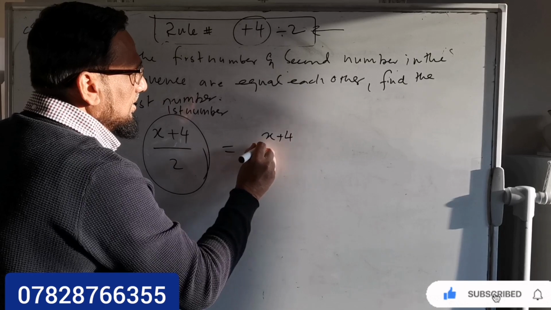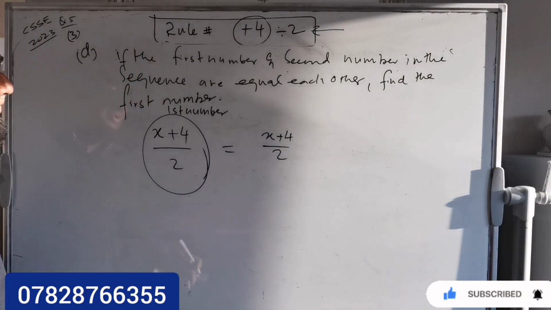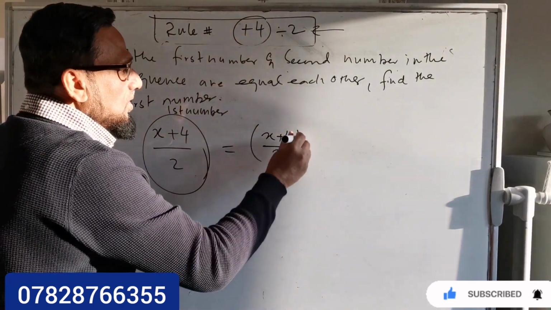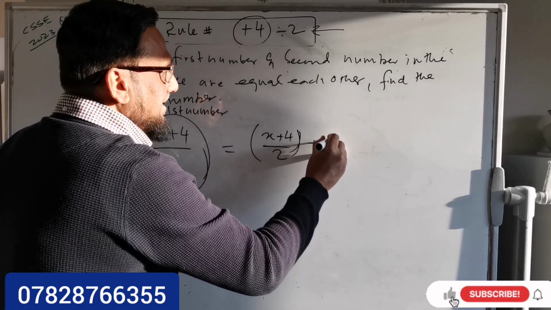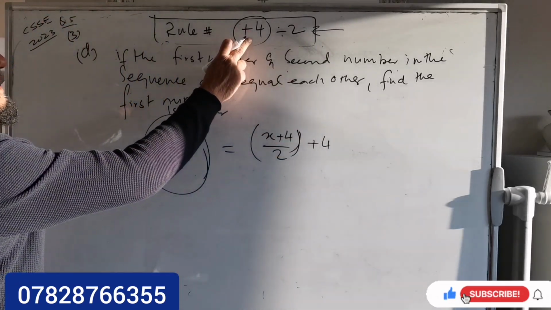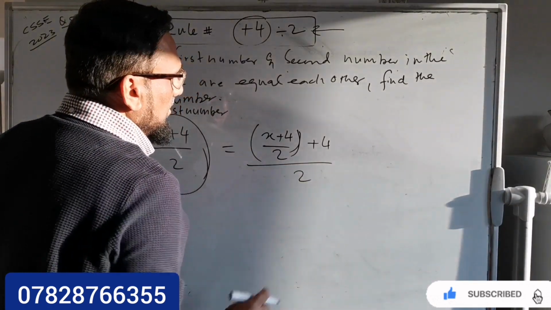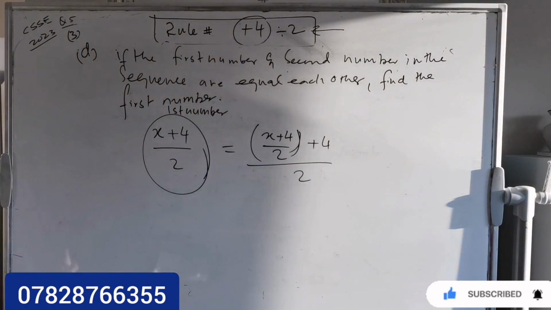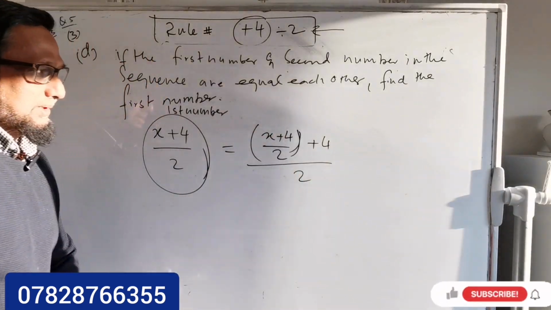This is our first number, and to it we apply the rule: plus 4 and divide by 2. So now we're going to solve this part.